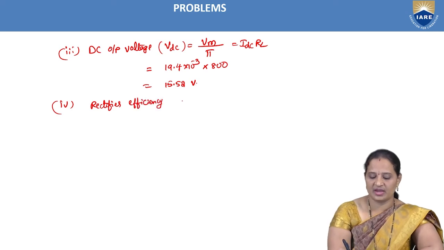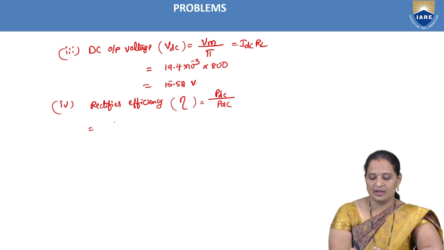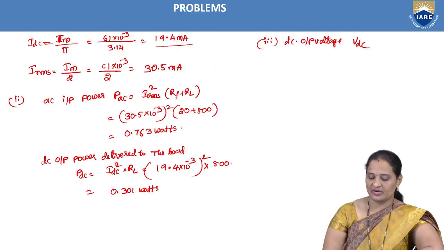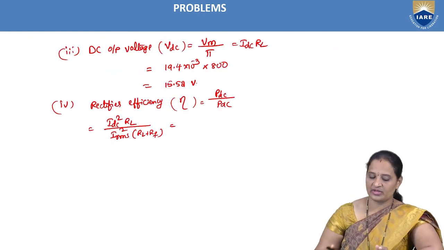So efficiency, which is given by eta, is PDC divided by PAC. PDC is nothing but IDC square into RL divided by IRMS square into RL plus RF, which we have already calculated. So the DC output power is 0.301, whereas AC is 0.763.